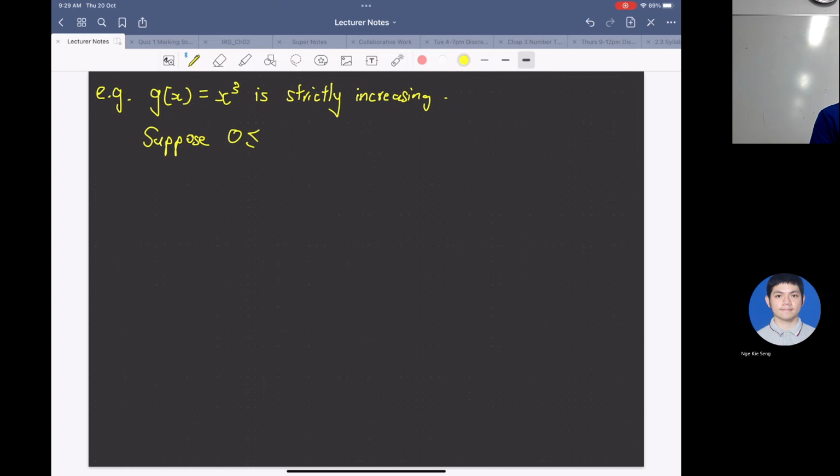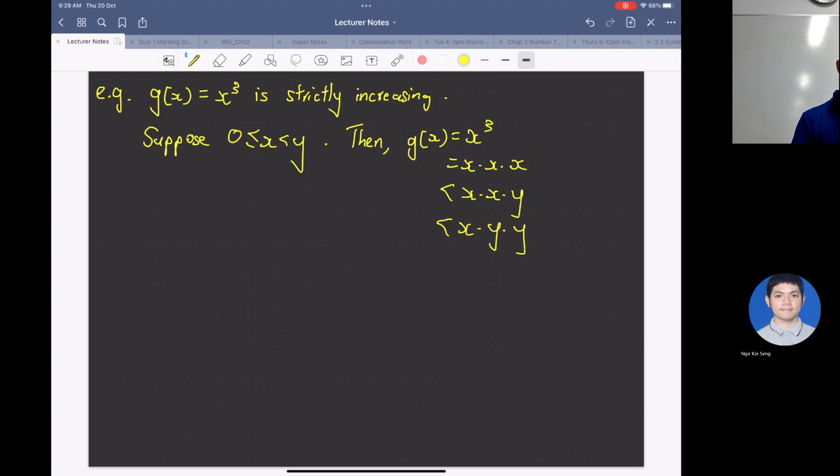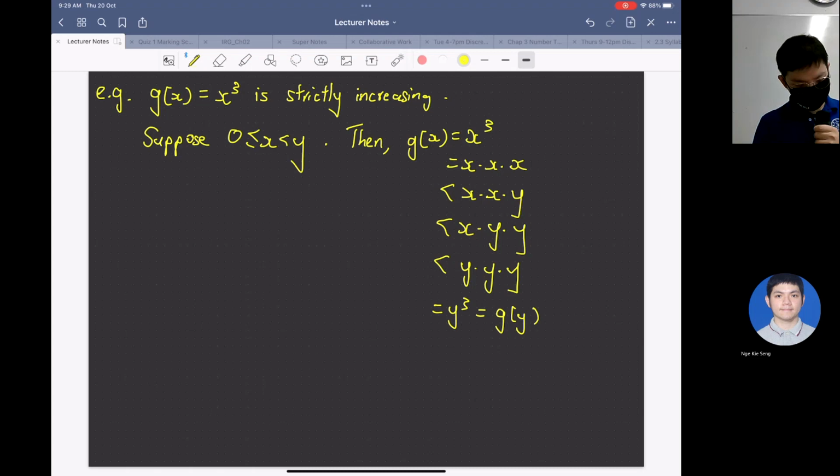Suppose we look at the positive numbers. Then gx, which is x cubed, x dot x dot x, is less than x dot y, less than y dot y, which is y cubed, which is equal to gy. So if x is less than y, then gx is strictly less than gy.